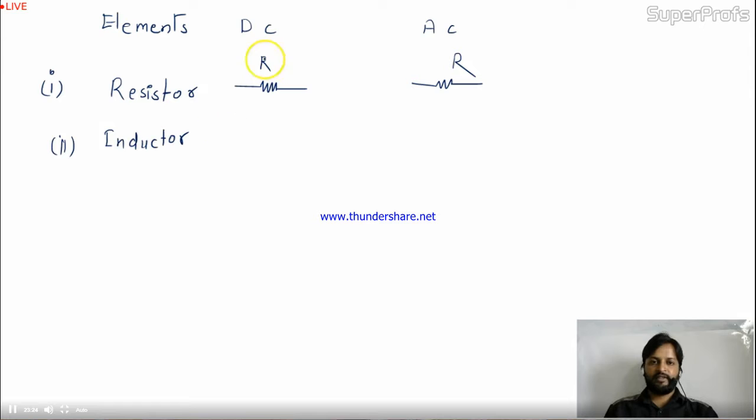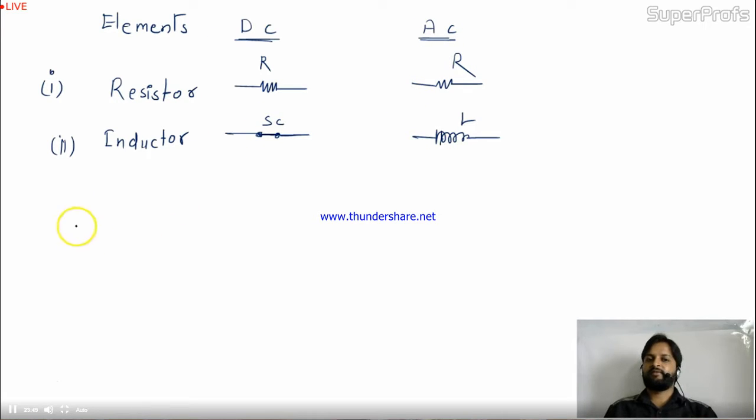In the second case, we are choosing the inductor. So for the inductor in DC, we discussed earlier, DC has zero frequency. Over zero frequency, the inductor acts like a short circuit. And for AC, it will act like an inductor. For the AC circuit, it will provide its value.